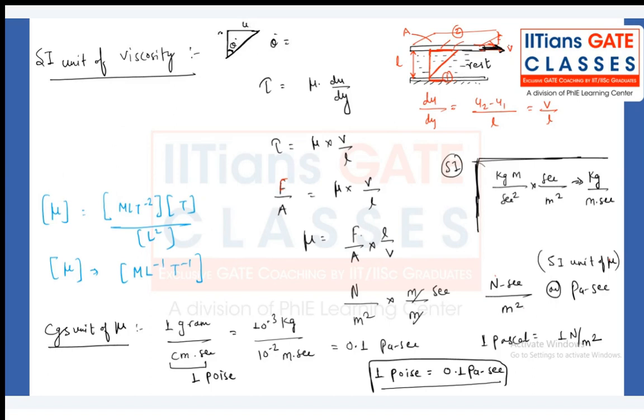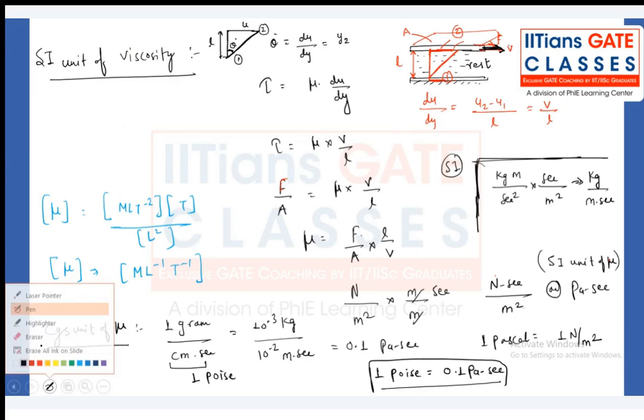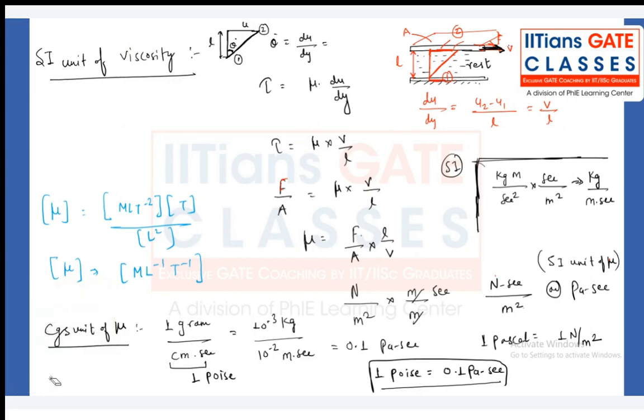Then what is the theta dot? For example, u by L. So what is du by dy? That can be written as, let's suppose this is particle number 1, particle number 2, u2 minus u1 divided by y2 minus y1.